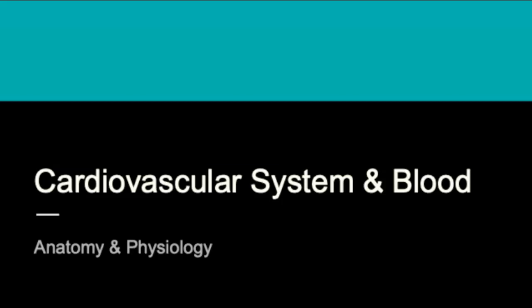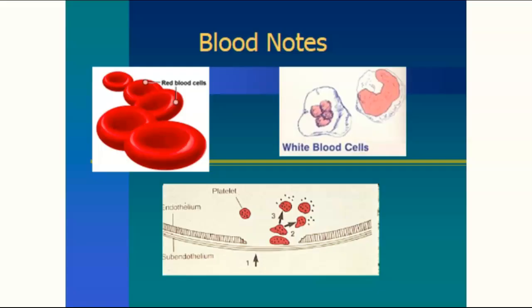But I wanted to do a PowerPoint today to sort of introduce you to the different blood types that you'll need for the activity that you'll be doing later today, and a little bit of overview. So we will be talking in this presentation about a couple different types of blood cells.